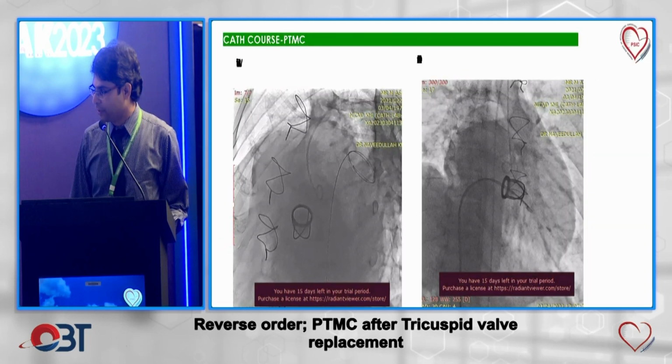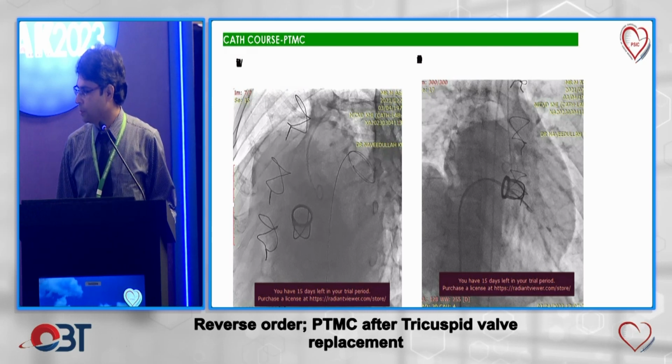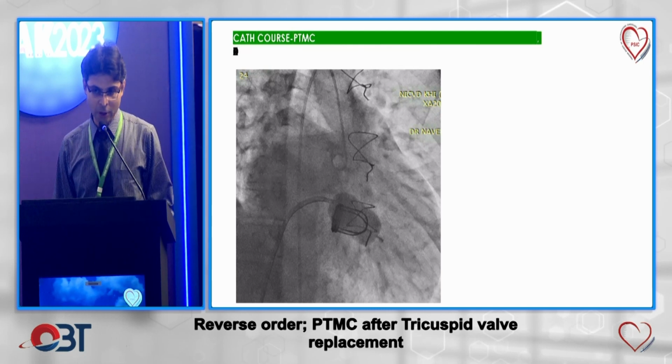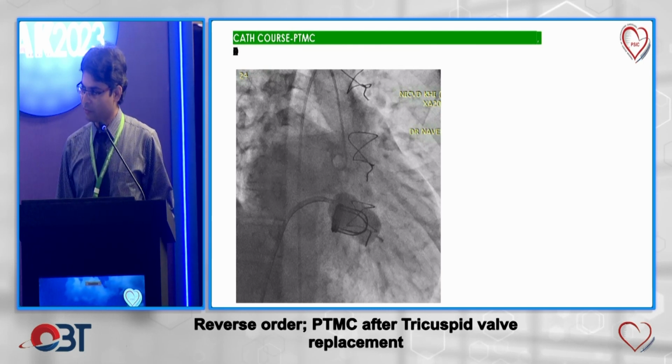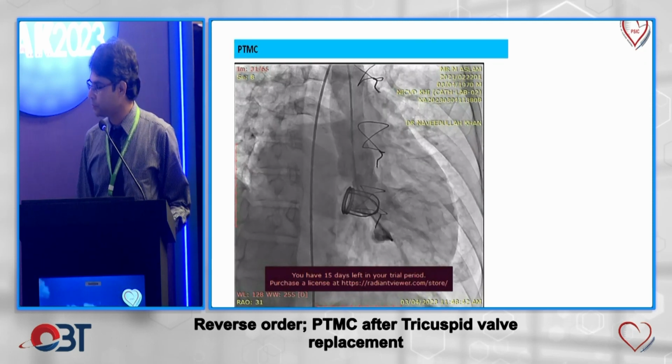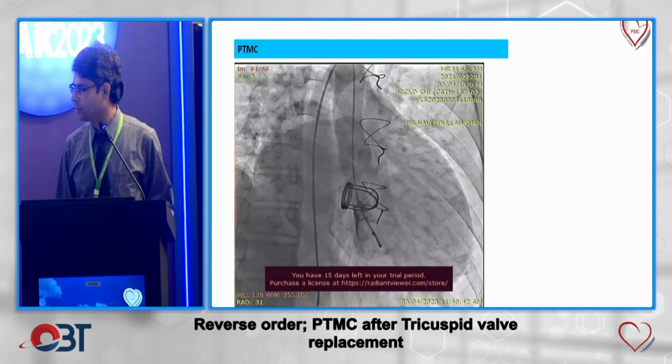So we punctured the septum and passed the PTMC wire in the LA, and the Mullins sheath was forwarded. Finally, the balloon was inflated, and that balloon was size 26. This was the whole procedure. There is no moderate MR.